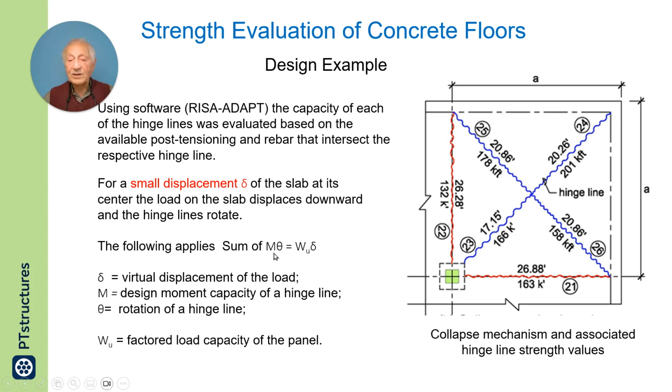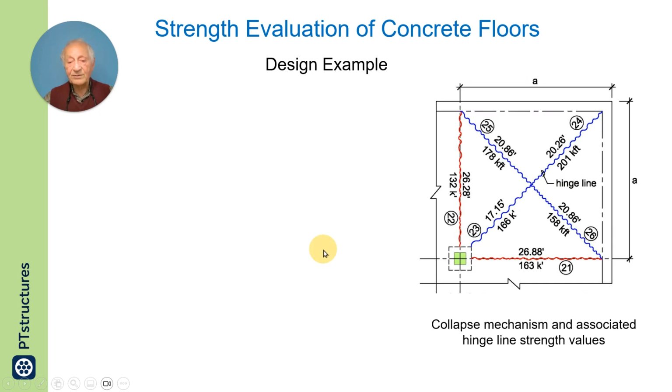The sum of the moments along the hinges times rotation must be equal to the applied load times its downward deformation. These are the parameters of this relationship. Sum of moment times rotation equal to the load times its displacement.